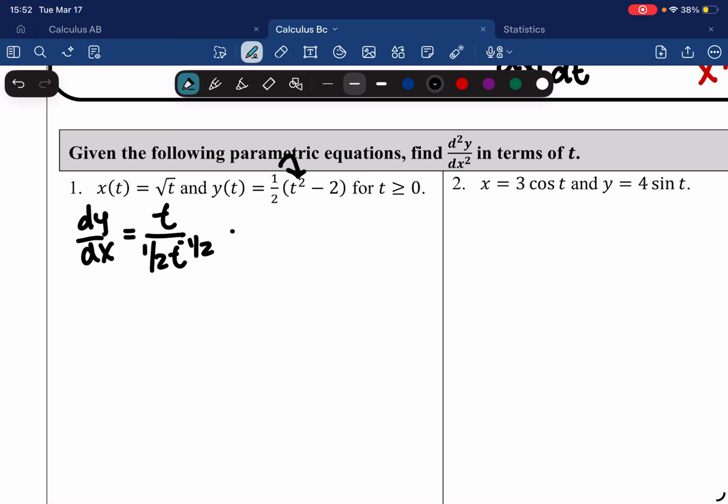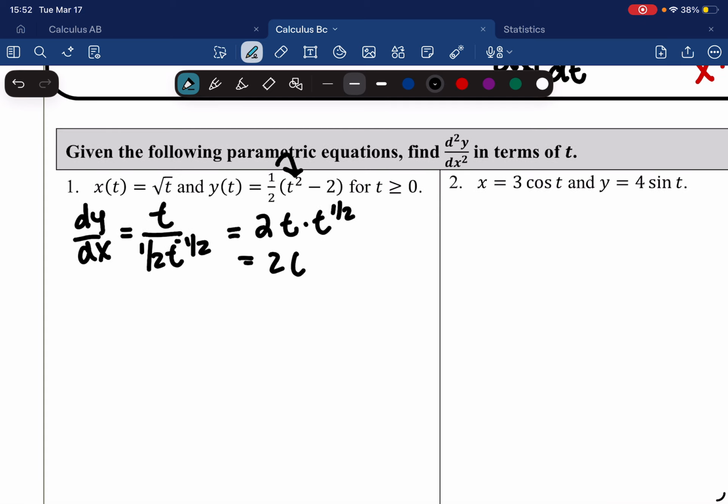Okay, if I simplify this, I can get rid of the 1/2 in the denominator, move it to the numerator by taking the reciprocal, so I have 2. And then I have t times t to the 1/2, which is 2 times t to the 3/2.